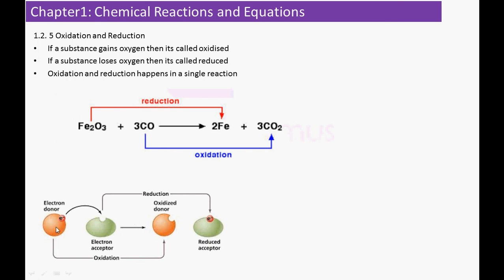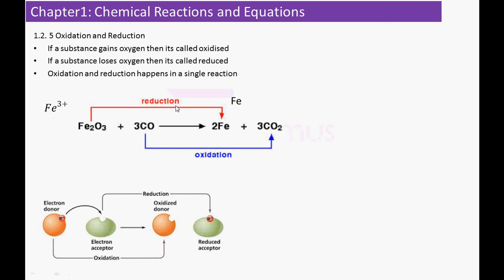This is an electron donor. It has some electrons which it can donate to another. Like for example Fe3+, it can take some electrons, right? So you can see Fe3+ to Fe means it has taken 3 electrons.